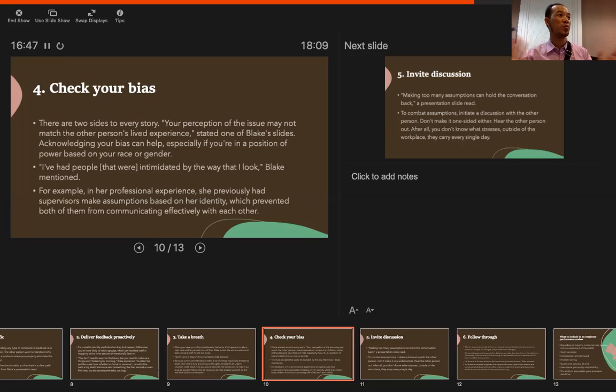That means you can't say these words in any place, especially in a taxi to a taxi driver. For example, in her professional experience, she previously had supervisors make assumptions based on her identity, which prevented both of them from communicating effectively. So you have prejudged others, thinking, oh, this person might be bad, so I don't want to talk with her. After that, you have no good time together, right?